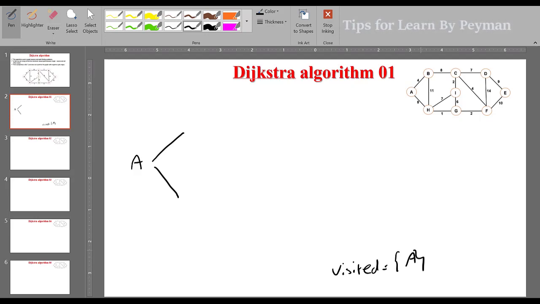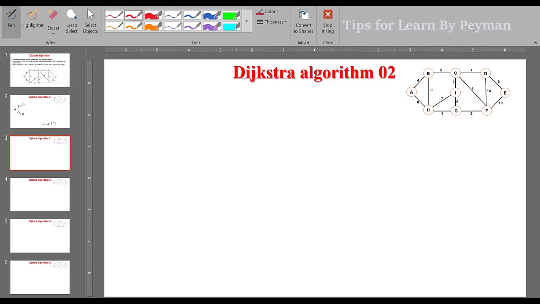We have B here and H here. The value between A and B is 4 and between A and H is 8. So which one is the lowest one? In fact, the B path is lower, so I choose B. I mark this path in the first level. So we go to the next level.